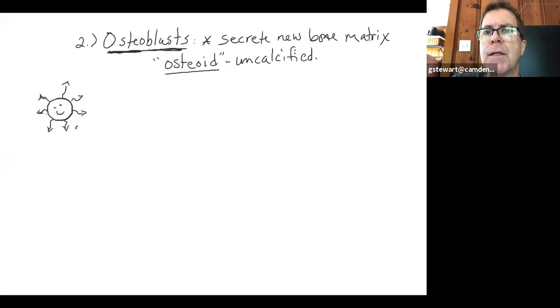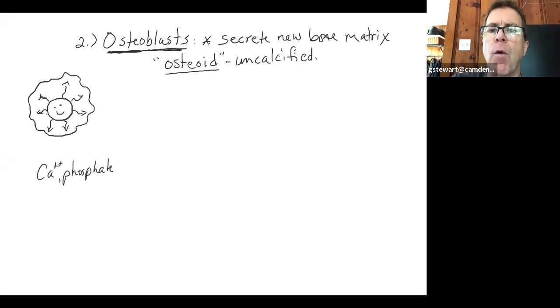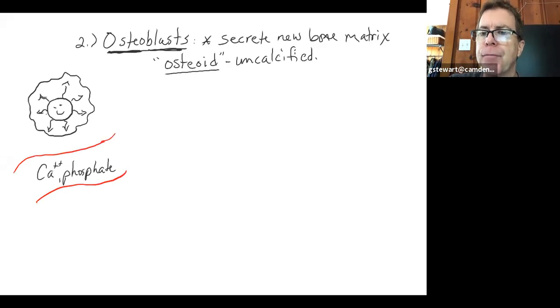Then when that stuff mixes with calcium and phosphate and some other things as well, which are ingested in our diet and brought to a specific area by blood, they're deposited in the same area that an osteoblast is making this osteoid.